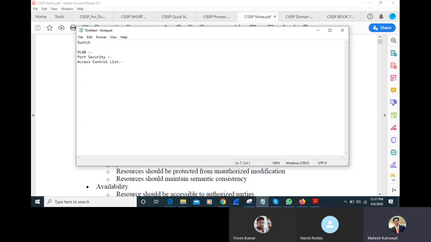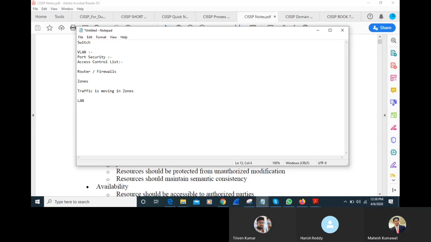And if you're talking about the routers and firewalls, we can create some zones. So traffic is moving in zones. What do you understand by zones?